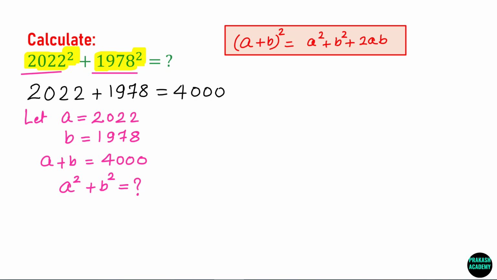So let us use this formula to solve this problem. We will square both sides of this expression, that is A plus B is equal to 4000, which is given. Now let us square the left hand side and also the right hand side.